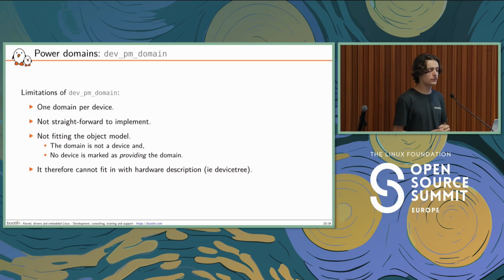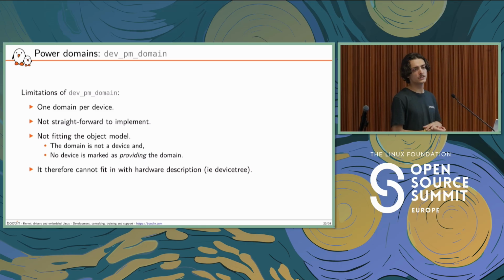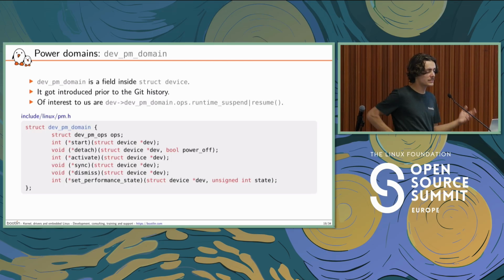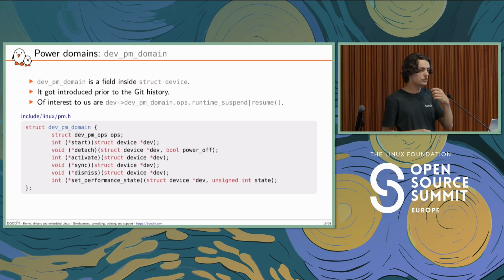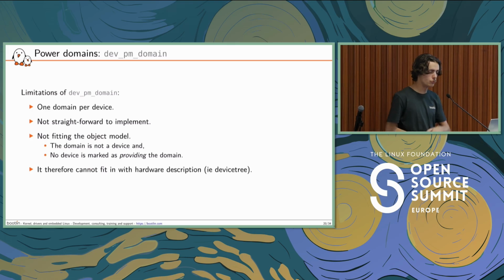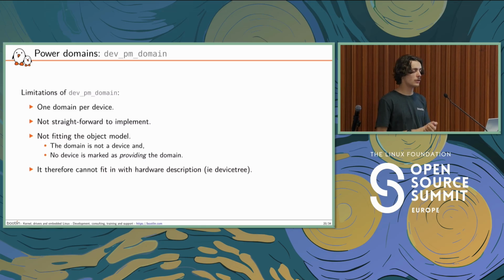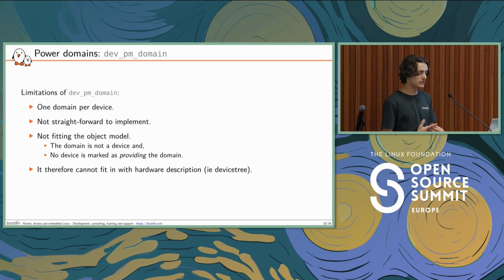It's not super straightforward to implement, mainly because it doesn't fit the device model. As you noticed, there's struct dev PM domain, but that's not a device. That's just some struct that lives somewhere and that you attach inside every device. So there's a few callbacks to implement. It's not fitting the object model, so it's not itself a device.